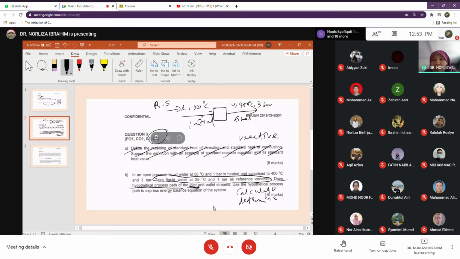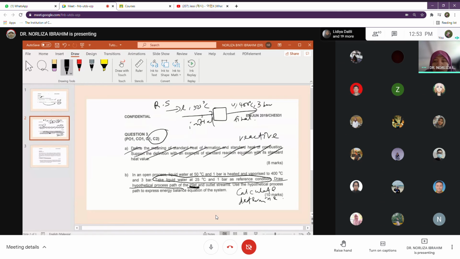Kasha, you got 5, what is your first path? Okay, liquid water 25 degrees C and 1 bar. Liquid 50 degrees C, 1 bar. After that?